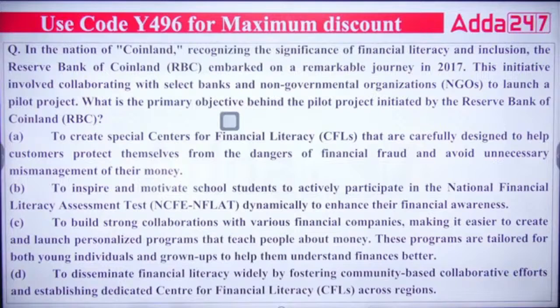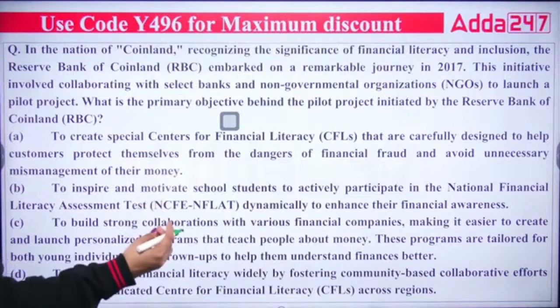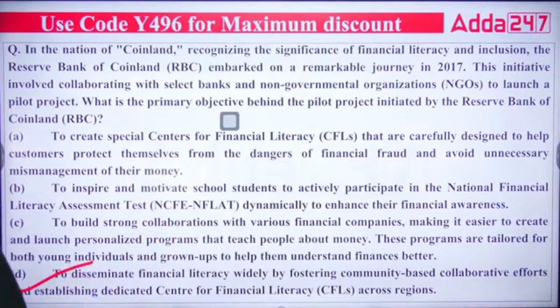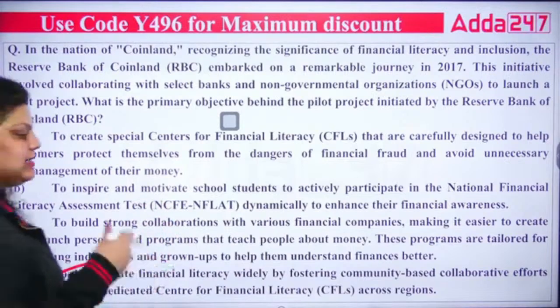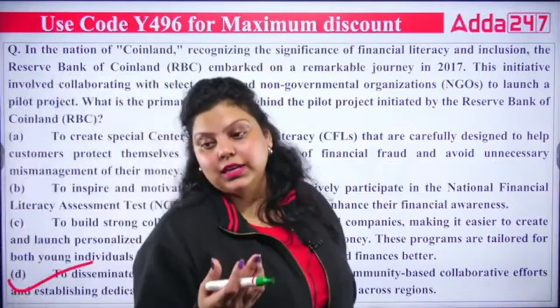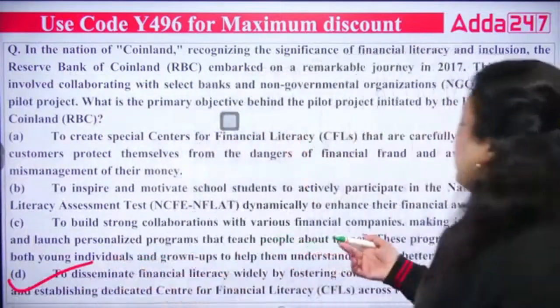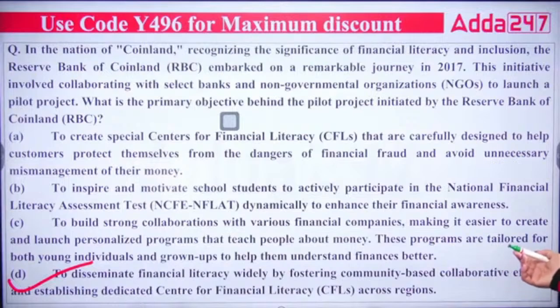They wanted to have centers for financial literacy across the region that will disseminate, that is transfer, financial literacy widely by fostering community-based collaborative efforts and establishing dedicated centers for financial literacy across the region.